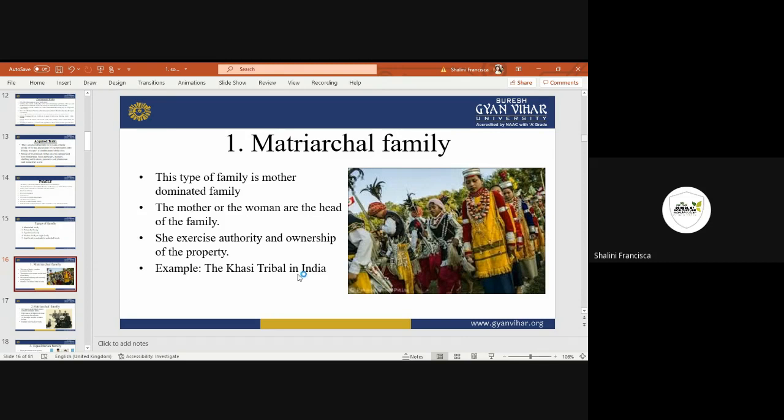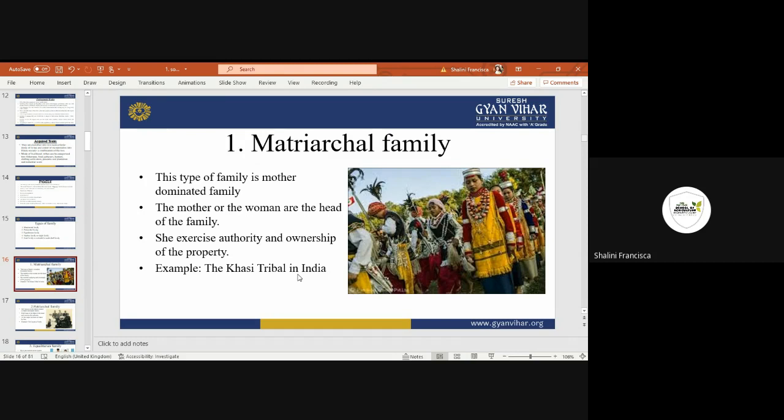By the name matriarchal, it is showing that a family which is governed by a mother or a female head of the family.